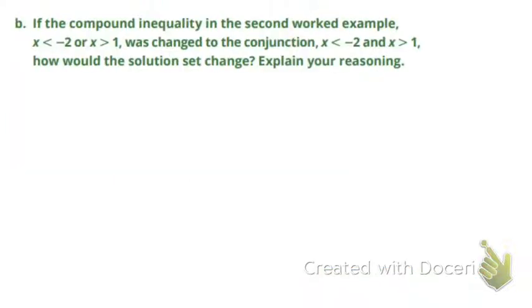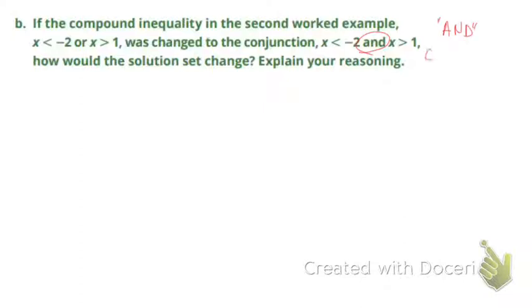So for the next part, now we're going to look at the other worked example. It says, if the compound inequality in the second worked example was changed to a conjunction, so now this time we're dealing with and instead of or, how would the solution set change? So let's remind ourselves. We have an and this time.